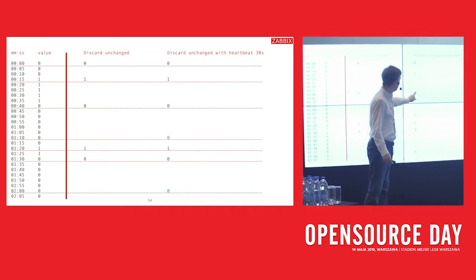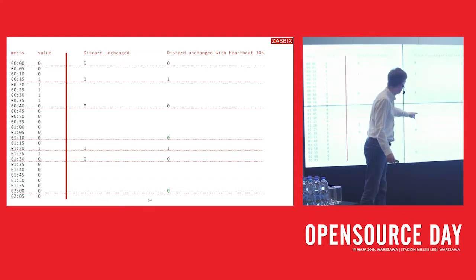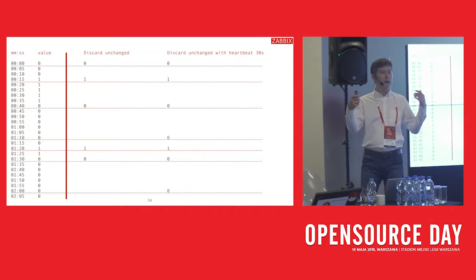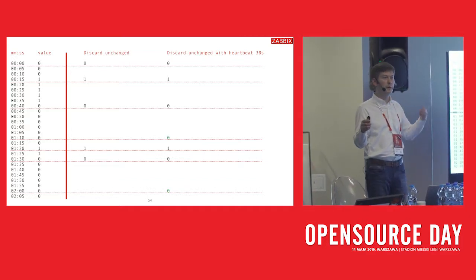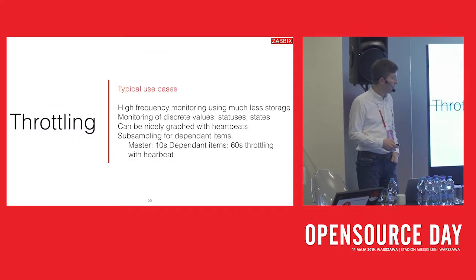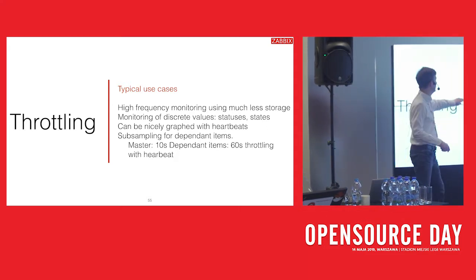Okay, so every 30 seconds there will be at least one value. So 0 here and another 0 here. So you could see nice graphs, and you can use the nodata function, for example, in triggers to verify that data is coming, which is nice. And this is a typical use case. I think this use case is very, very important.